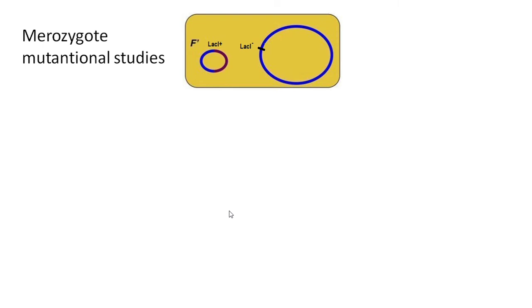So for this you require a mutant bacterial cell, and you can rescue the mutant cell with the help of a plasmid by supplying the correct form of that gene, the wild type form of that gene.